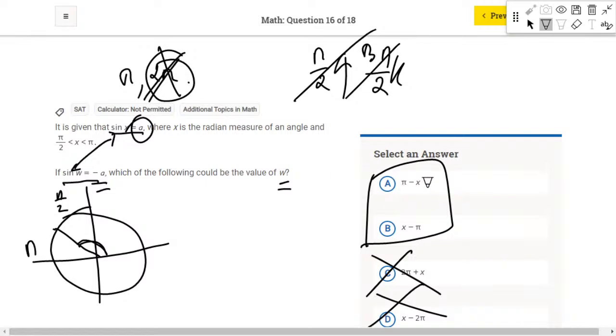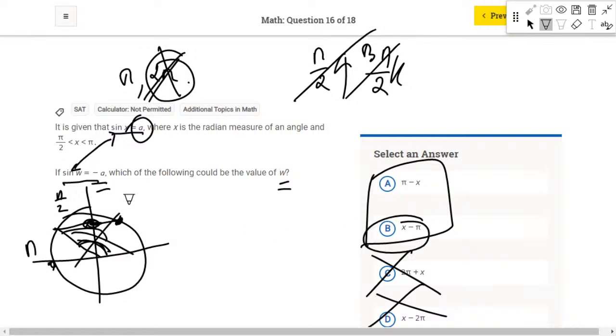If pi minus x, it would be pi minus this amount, we will get somewhere here, and this is positive. And actually here sine is also positive, so they get the same thing, so it's not that. So the answer is B.